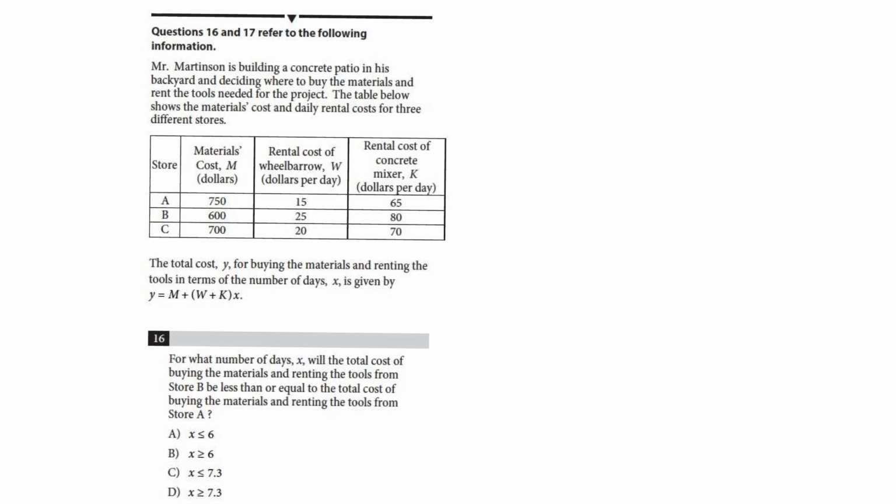Buying materials and renting tools from store B, that's going to be M. M is 600 for B, so 600.